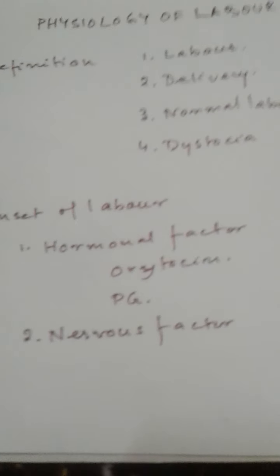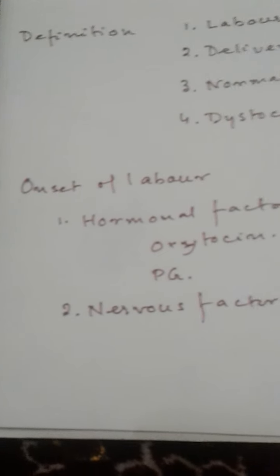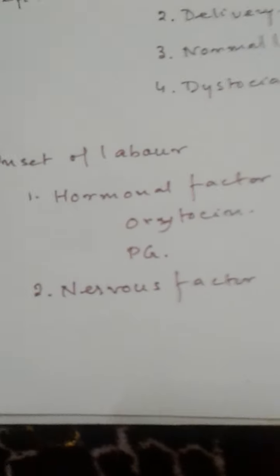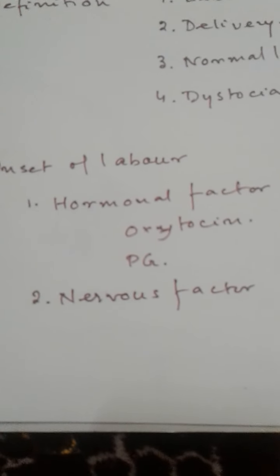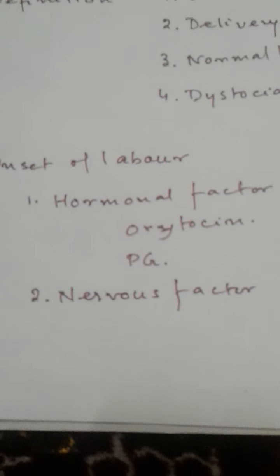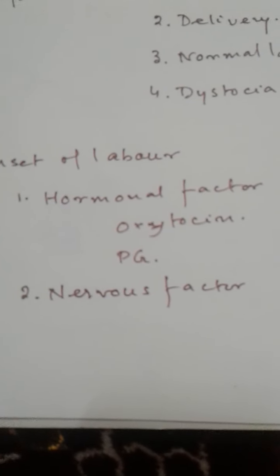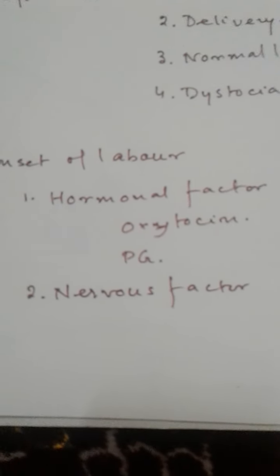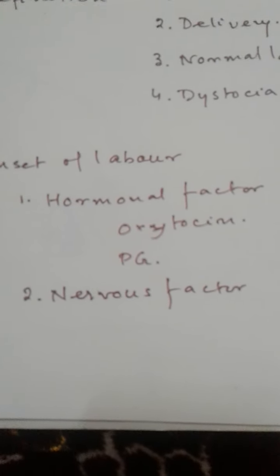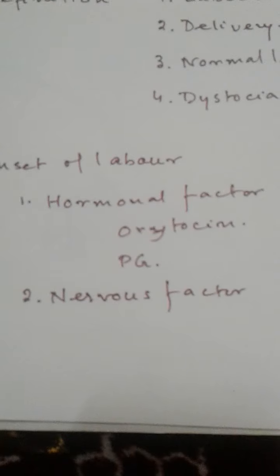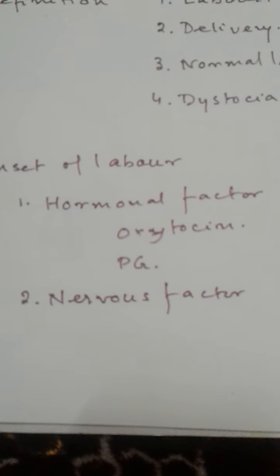How does labor start? The exact mechanism is not clear. The factors which involve the onset of labor are hormonal factors. Feto-placental contribution plays an important role. It has been seen that due to unknown factors, fetal pituitary is stimulated prior to onset of labor.